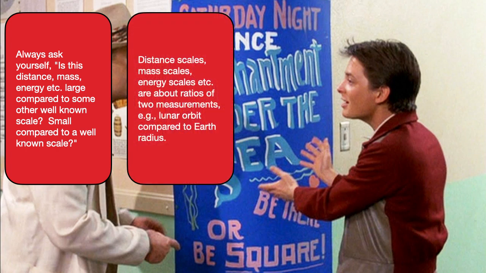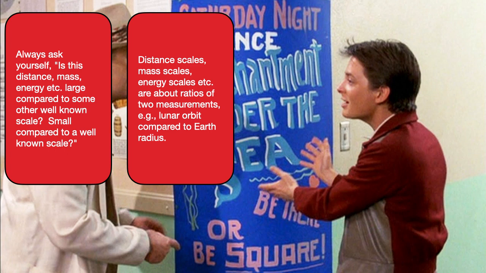The second idea that I want you to remember is that when you're talking distance scales, mass scales, energy scales, etc., you're talking about ratios of two measurements, or maybe several ratios if you have more than two measurements. Like for the sun example, we have the Earth's diameter and the sun's diameter, and the sun is 109 times bigger than the Earth.